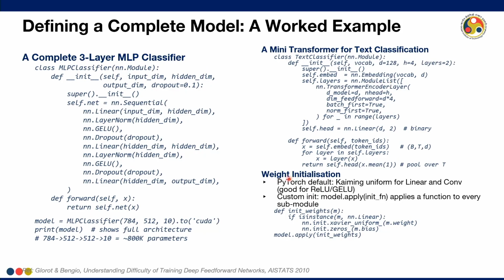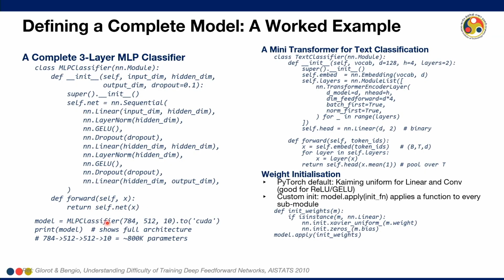Weight initialization, as I have said: when we define or initialize one module, as you can see here, we are defining this model object as the MLPClassifier with these dimensions. All these weights, like 800k parameters, will be initialized with some random values, but how they are drawn follows several algorithms, as I have mentioned. By default it will use this method, and it is good for linear and convolution layers, and you can have a custom initialization also.